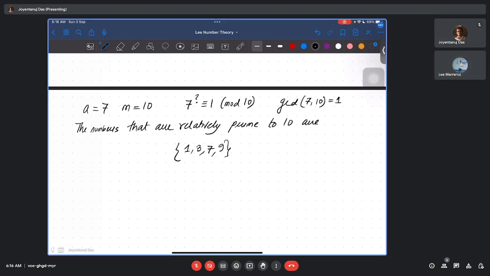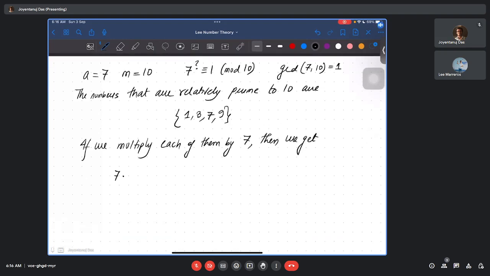These are the numbers. Now if I multiply each of these numbers by 7, we get the following congruences. First, multiplying 1 by 7, that is congruent to 7 mod 10.